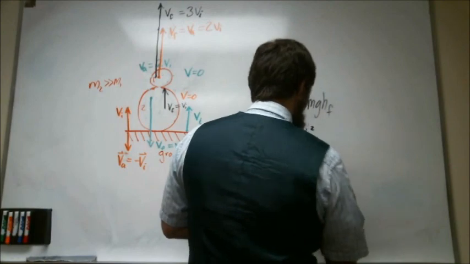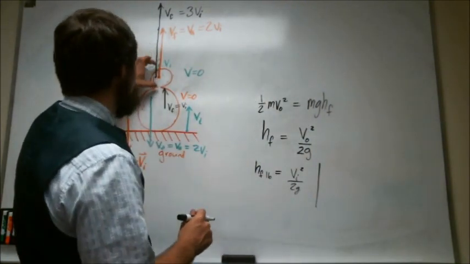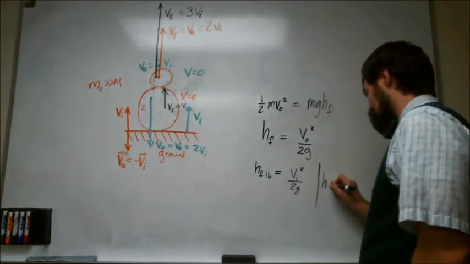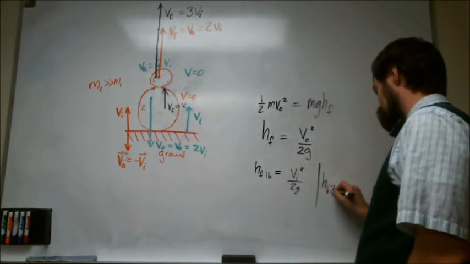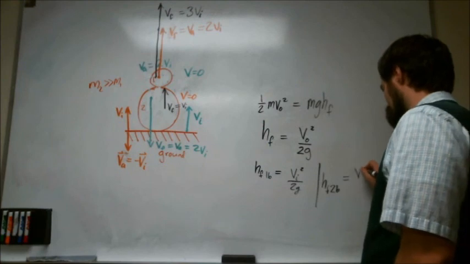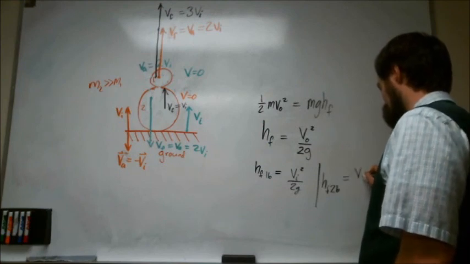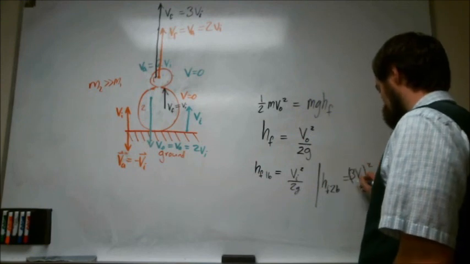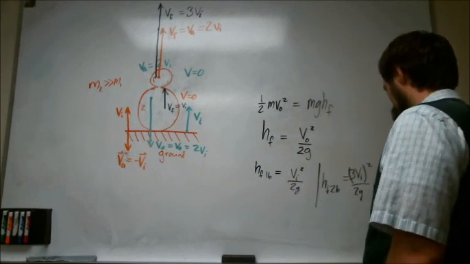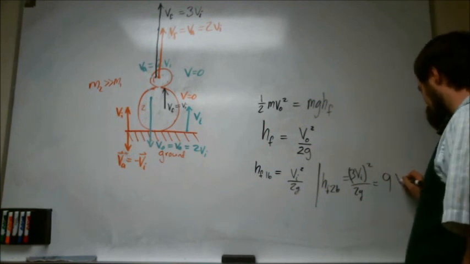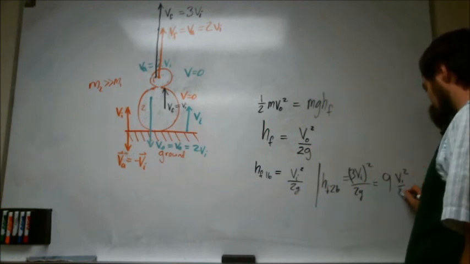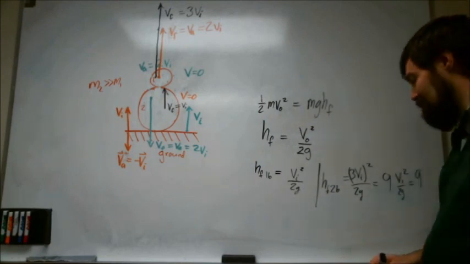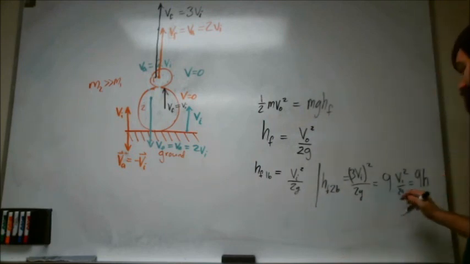In the case where we had 2 balls, this thing deflects upward with 3v. So h final for 2 balls is equal to v initial times 3 quantity squared over 2g, which is going to give you 9 vi squared over 2g, which is 9 times the height of the single ball.